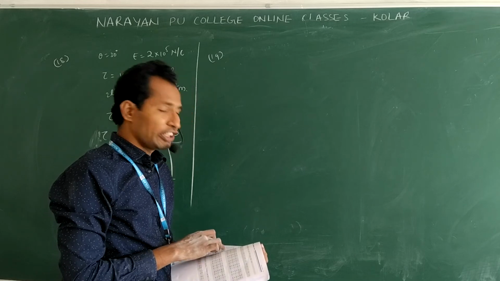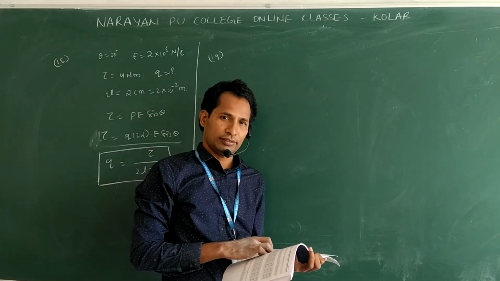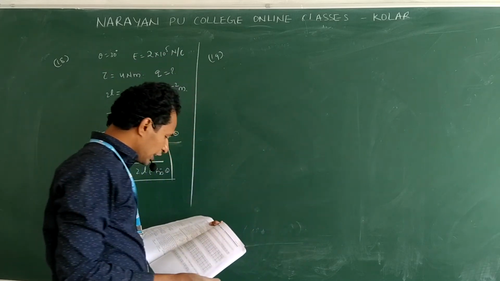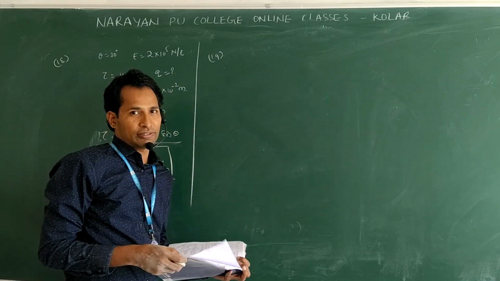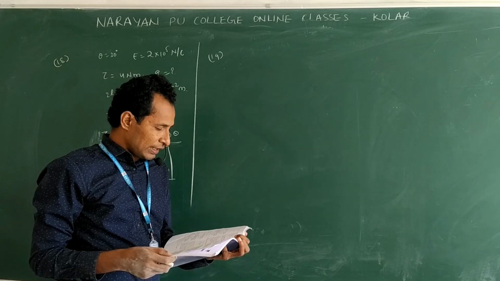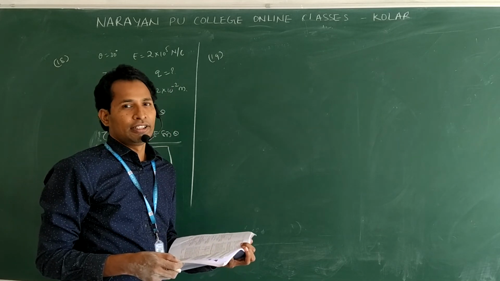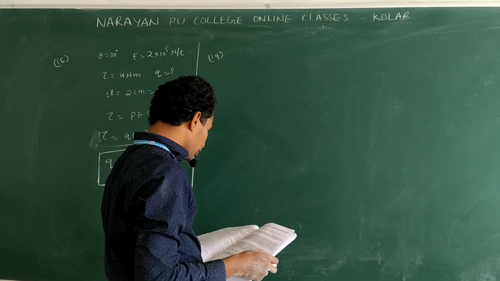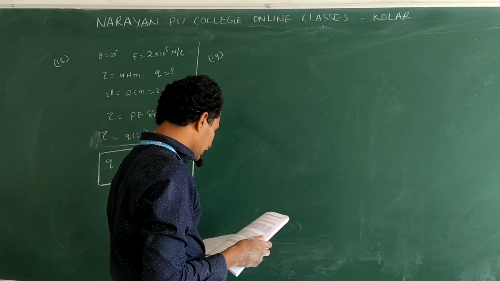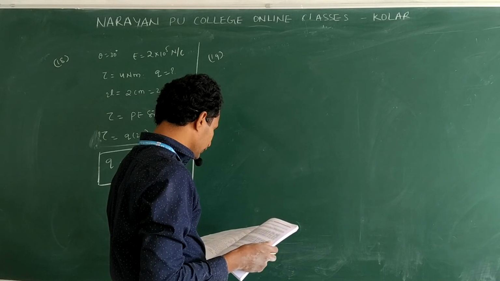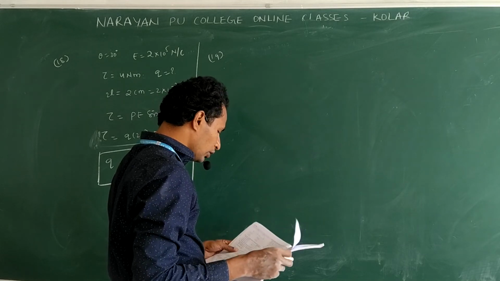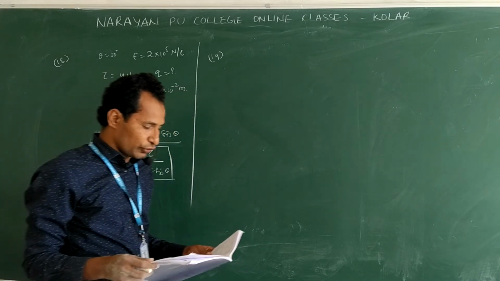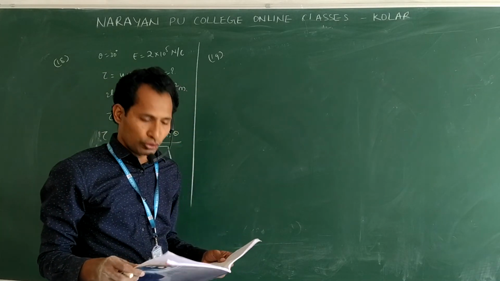Very simple. Equate electrostatic force with gravitational force. The electrostatic force is due to this excess charge. One is e, another is e plus delta e, so the excess charge is delta e. Equate both, and you will get the answer.